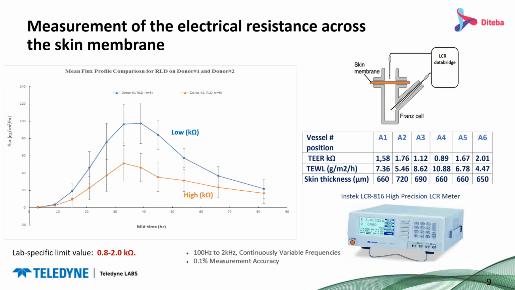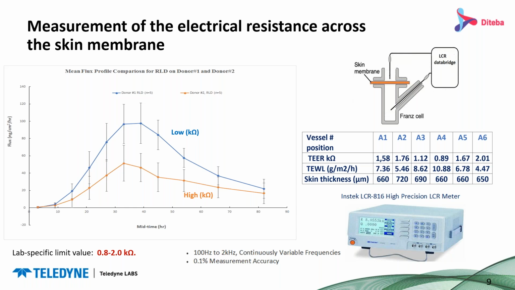In our lab, we standardize electrical resistance measurement to assess membrane integrity for skin selection and qualification in our IVPT studies. Methodology briefly: use an LCR meter data bridge with stainless steel electrodes. A fixed current is applied across the skin preparation, typically 100 kilohertz.